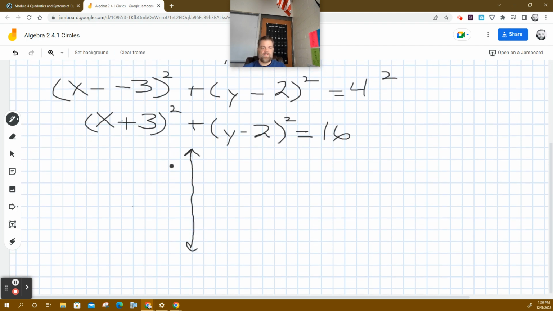And the center is negative 3, comma 2. So if I go over negative 3 and up 2, I totally drew that one wrong.